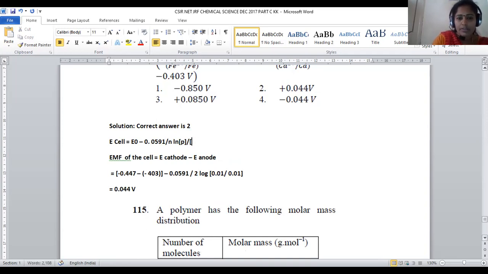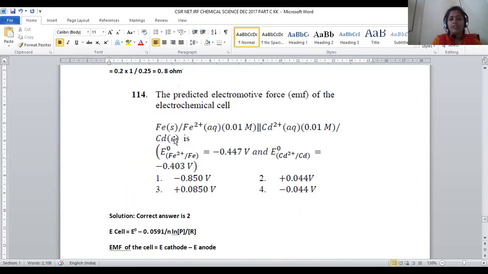This will be the formula for the calculation of electrode potential, right? Here, E naught, which is calculated by taking the EMF, is equal to E cathode minus E anode. From this equation, it is very clear that this is called cell notation.